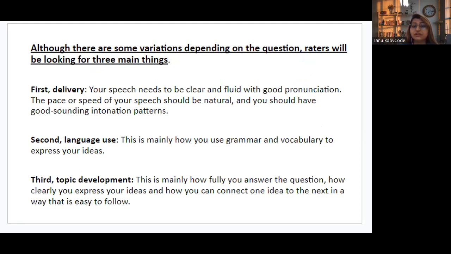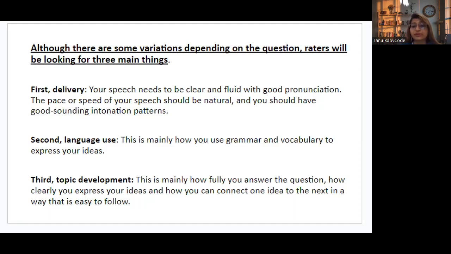Your speech needs to be clear and fluid with good pronunciation. The pace of speech should be natural and should have good sounding intonation patterns, right? Second is language use. This is mainly how you use your grammar and vocabulary to express your ideas.